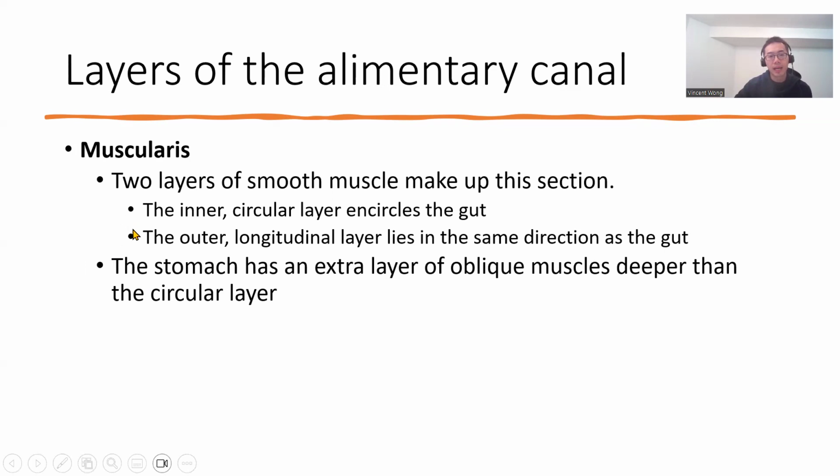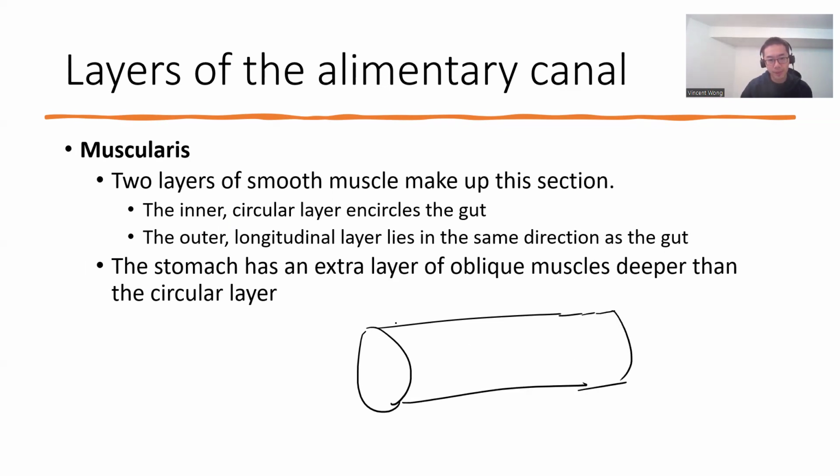And the GI tract has two layers. There is the inner layer, which is made up of circular muscle. It's hard to draw this out, I suppose, but we can try. So this is the GI tract, and the circular muscle basically goes like this. Okay, circular.